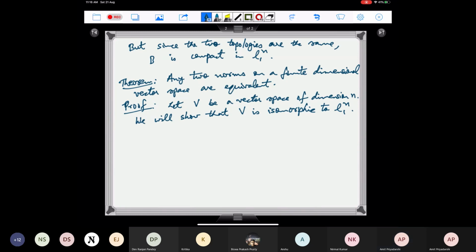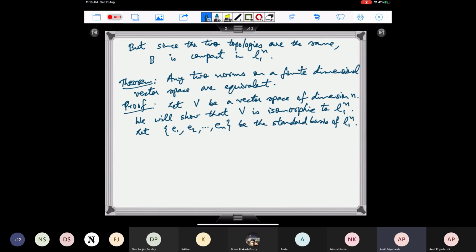To see this, we have to define an isomorphism from V to L1n. So let E1, E2, ..., En be the standard basis of L1n, so Rn or Cn, whatever.